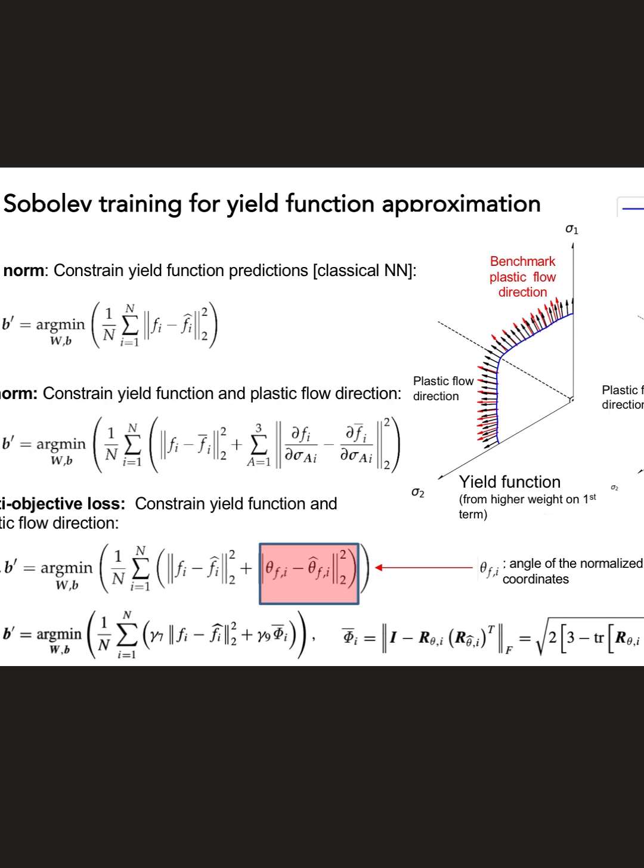For J2 plasticity, you can train just with the yield surface point cloud. You remember that after you train that, for given sigma 1, sigma 2, sigma 3, you know whether f is equal to 0. But with the data augmentation, you also have the f values outside the yield surface, and f inside the yield surface. So you have the value everywhere.